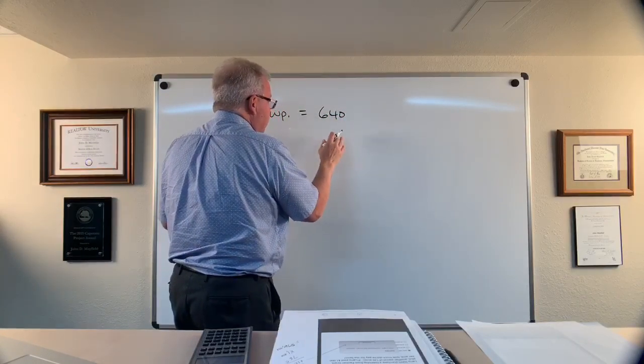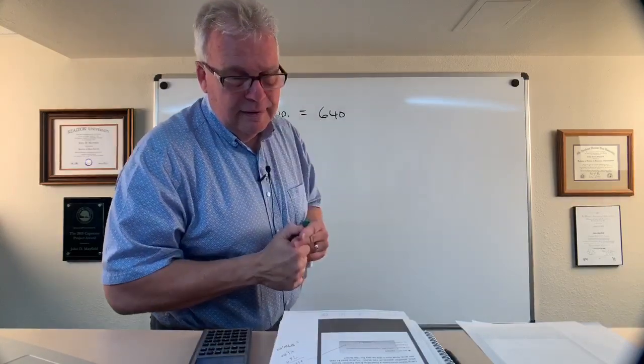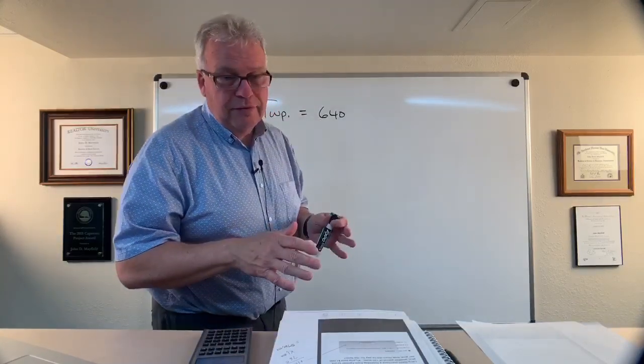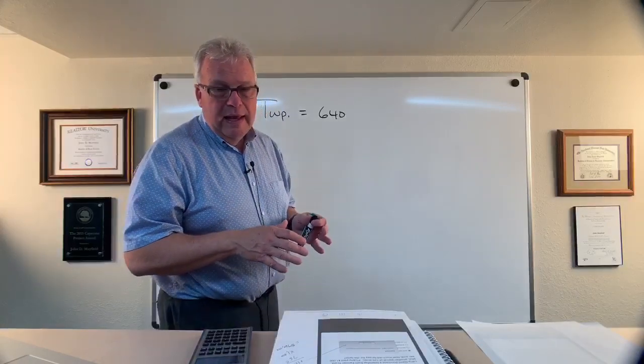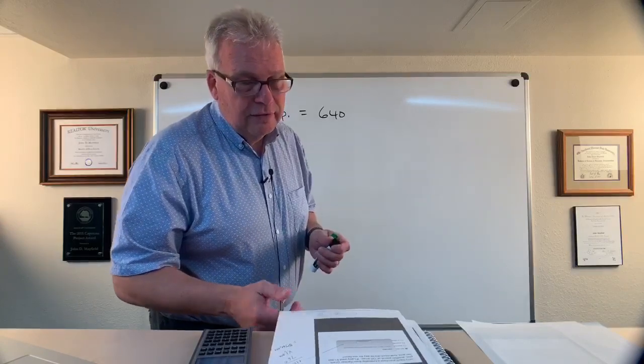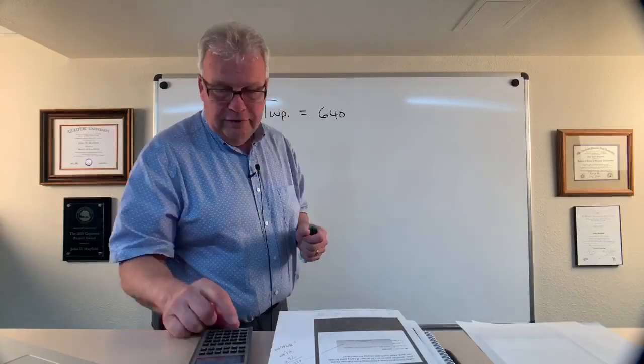Pardon me. A section has 640 acres, right? And there are 36 sections in a township.